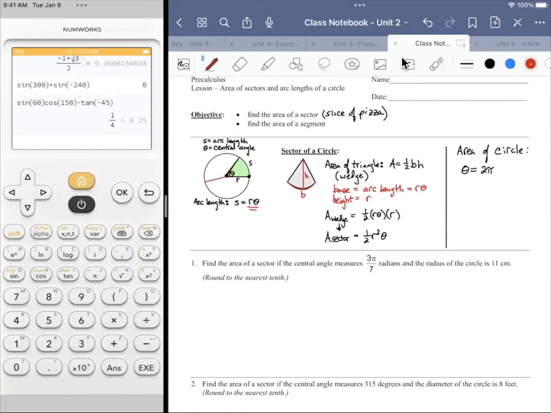If I want to go halfway through, that'll give me a theta value of just pi, 180 degrees, pi radians. But if I want to go all the way around, then I would have to go 2 pi radians.